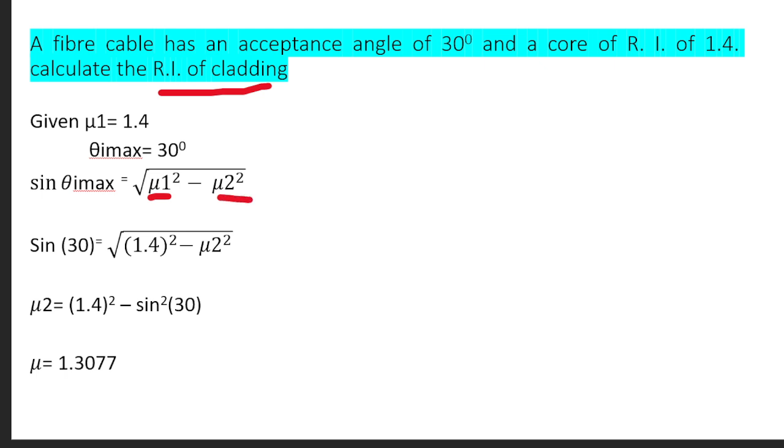After putting in this value, I can write 1.4 square minus mu2 square. So taking mu2 to this side, I will get mu2 equals the square root of 1.4 square minus sine square 30, and after calculating this you will get the final value of mu2, which equals 1.3072. So this is your refractive index of the cladding.